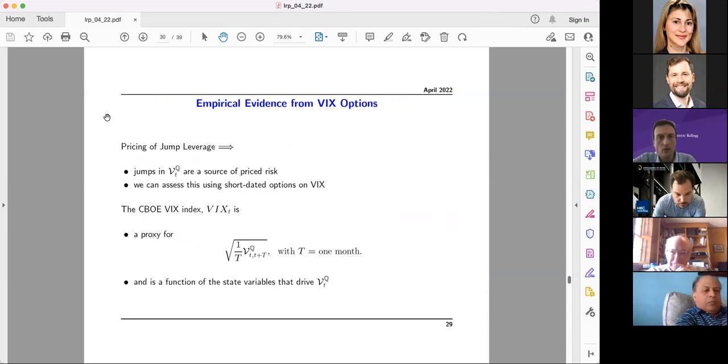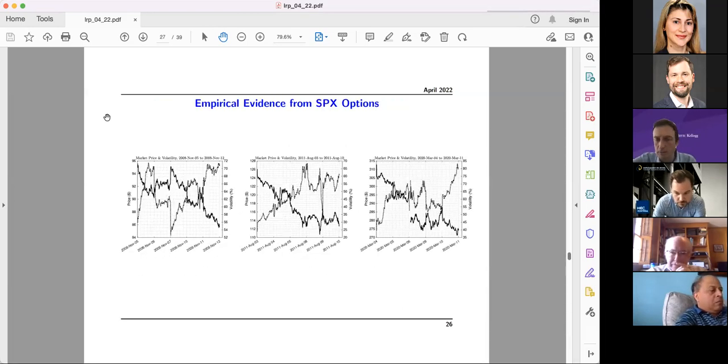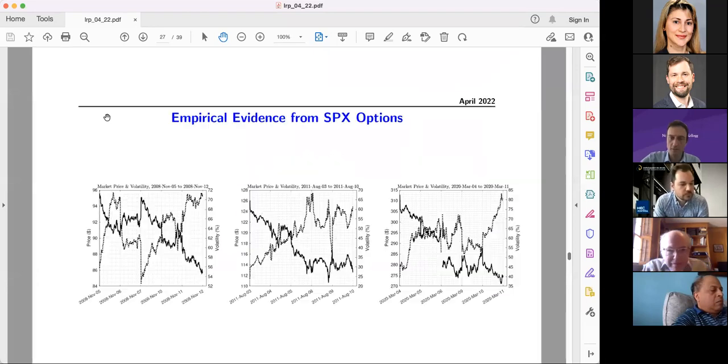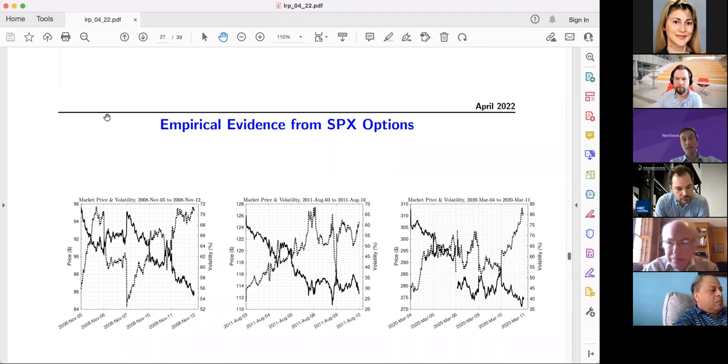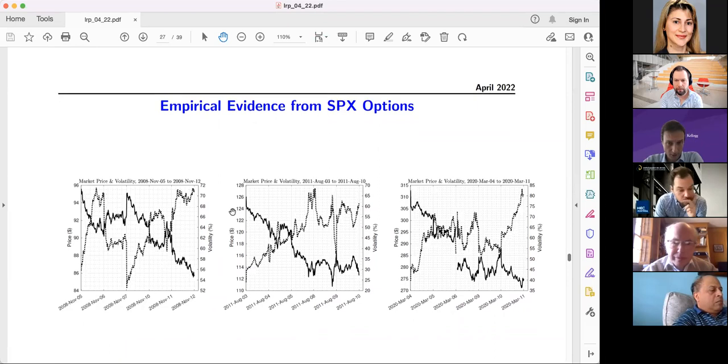Right. By the way, related to what you're bringing up, something I went over and just passed through quickly: this is a snapshot of a few of those events. I don't know whether it's visible very well, but I looked at a few of these episodes in the data when we had weeks with 10% or more drops in the market index level, and we plot against that also the leverage effect. You can see the leverage effect is moving around a lot, reacting a lot.